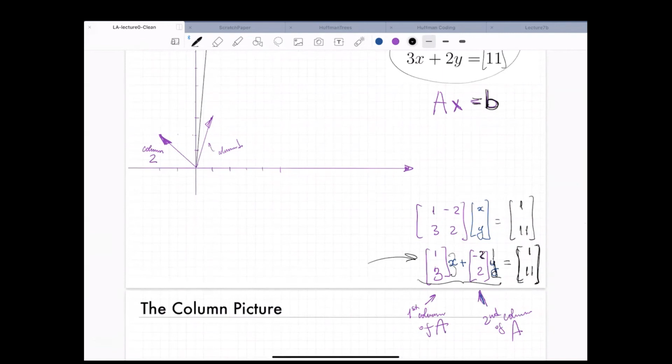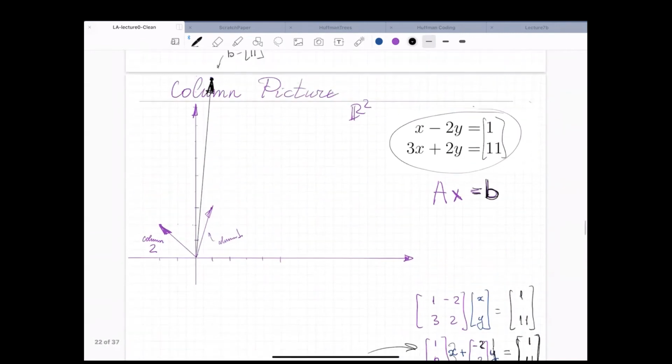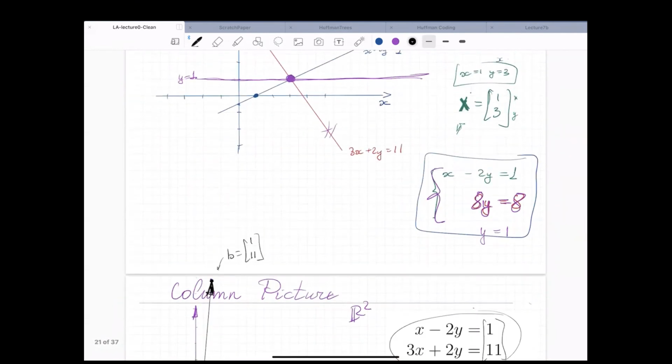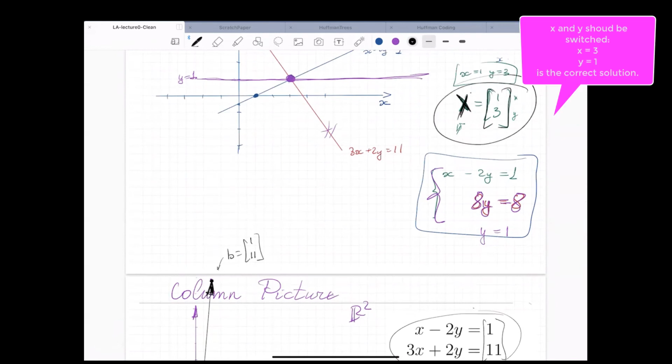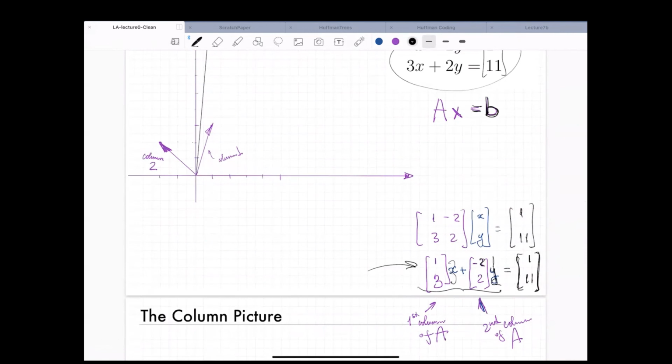I know the solution to this to be X equals 3 and Y equals 1. This is from a previous row view picture. The solution is the same, but here they are not coordinates; they are scalars by which I weigh each individual column vector of matrix A.